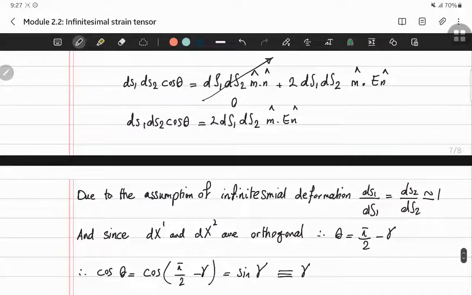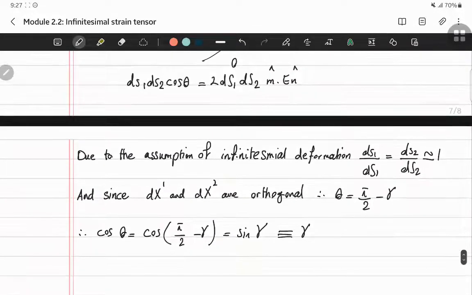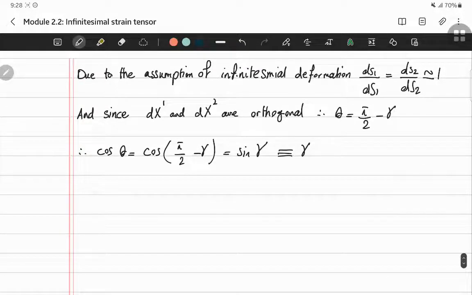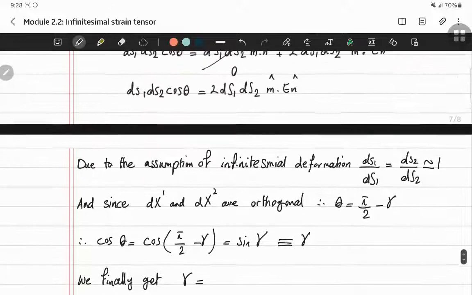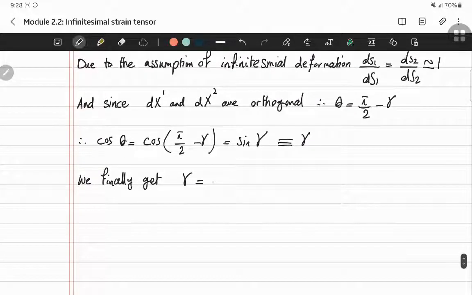Therefore, we can divide this by the product of ds1 and ds2 capitals here. So it becomes 1. Cosine theta is basically equal to gamma. We finally get gamma is equal to 2m dot en, basically.